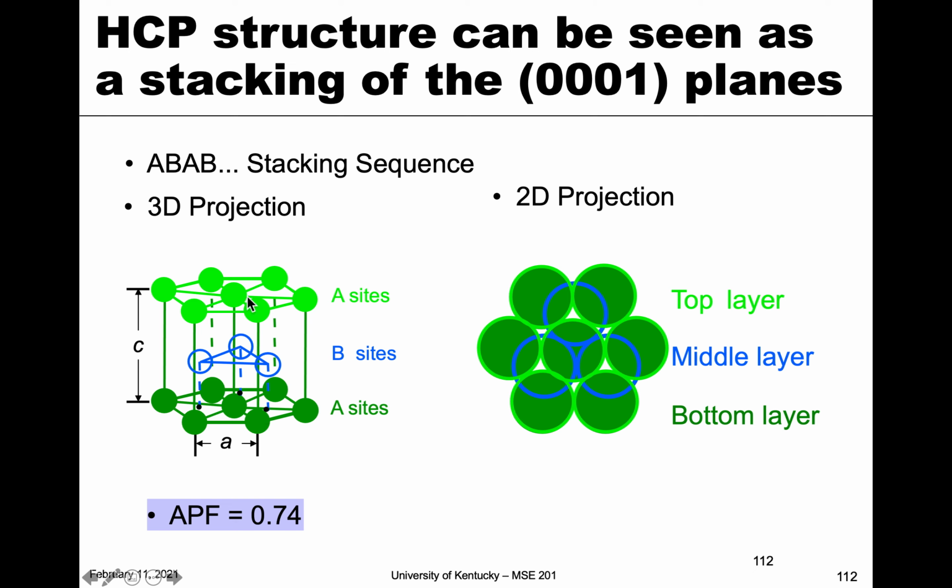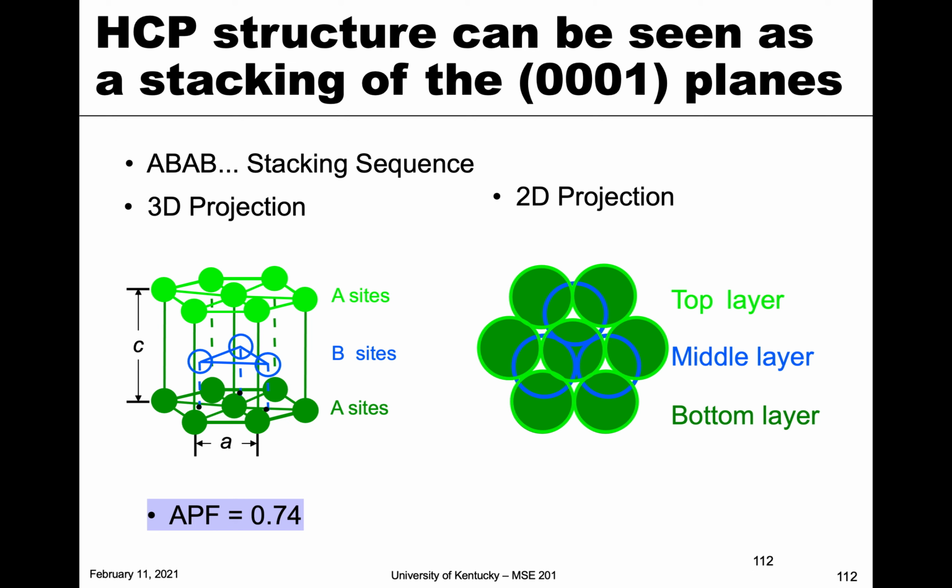So this has the same position as this, just elevated up. So this type of arrangement we call ABAB stacking, because we only have two distinct positions. Whereas in the FCC, there were three positions, A, B, C, A, B, C. So that's when we talk about the stacking sequences of these two materials.